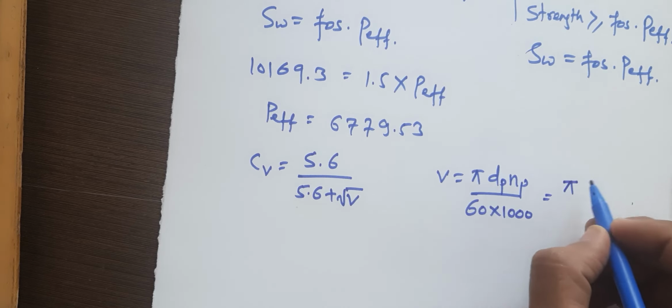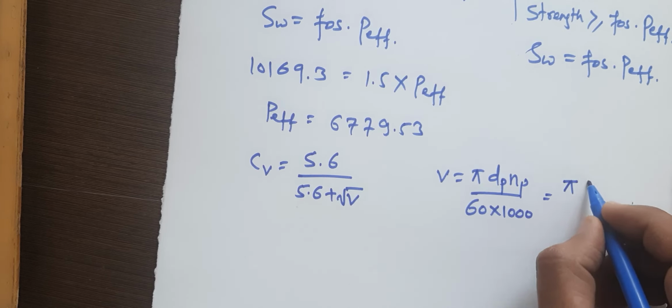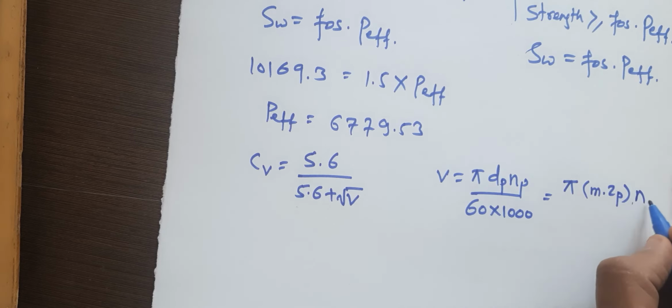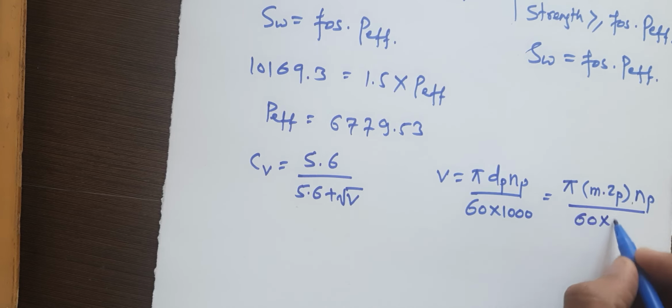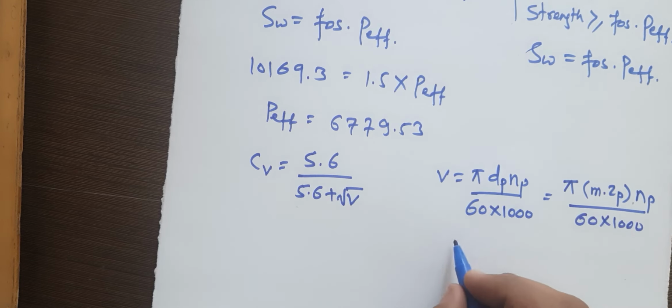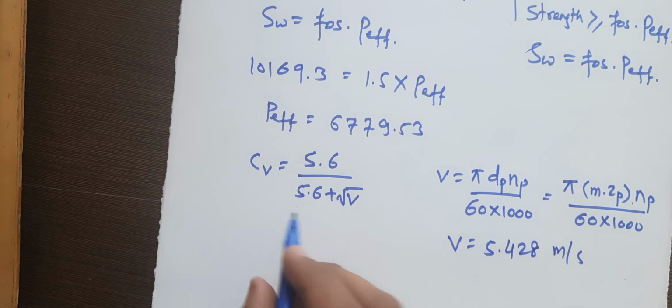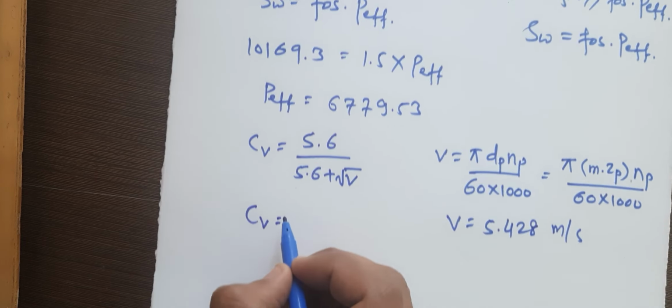Here dp is not given, so you can calculate it by m into zp, and np is as it is, divided by 60 into 1000. Now if you substitute all these values you will get velocity as 5.428 meter per second.